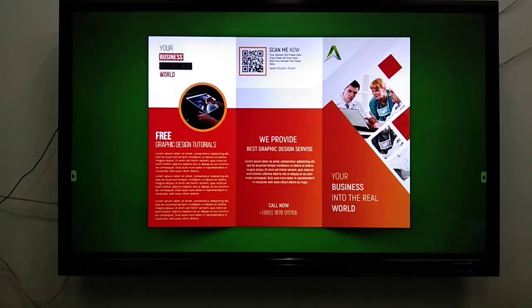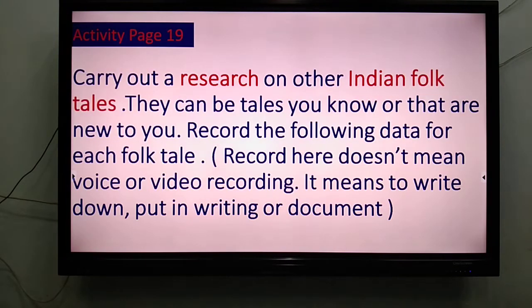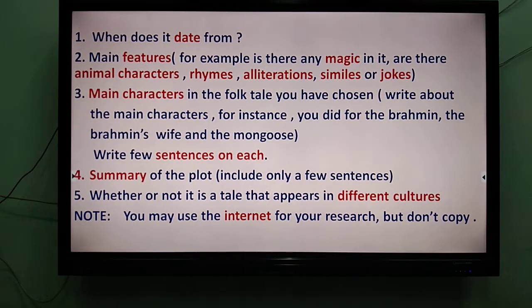For example, if there are some animals in that folk tale, you may make a drawing of an animal and then put your writing inside that animal. You could use shapes and colors of your choice which fit that folk tale. The 5th thing, whether or not this tale appears in different cultures.